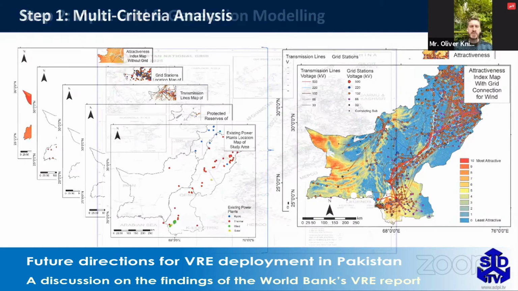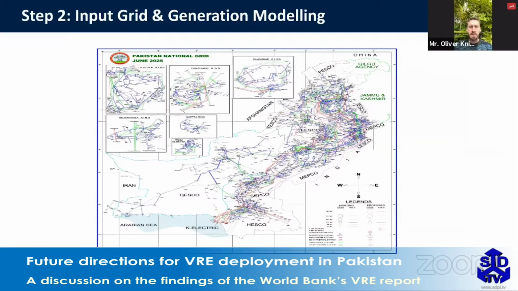This second step then was to look at the actual grid, the existing grid network, and look at where those substations are and what the congestion is, or what the supply situation is, substation by substation. This is actually something that is a bit harder to do. One needs real data from the transmission operator. Again, this study was done very closely with NTDC, so it was provided. But the point here, particularly for solar, is to try and find bits of the grid, in particular remote, far-flung substations that actually would benefit from solar.